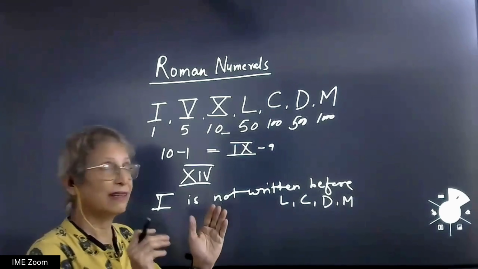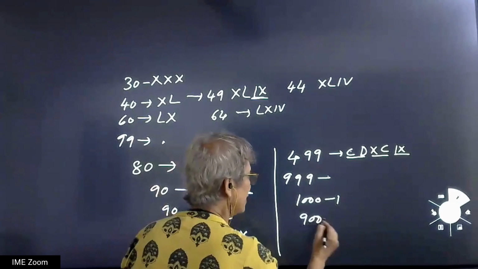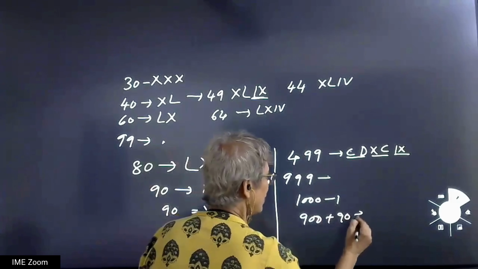Then 500 is there. And lastly, 999. So again, 900. How to write 900? This is 1000 minus 100. We will do 900 plus 90 plus 9.